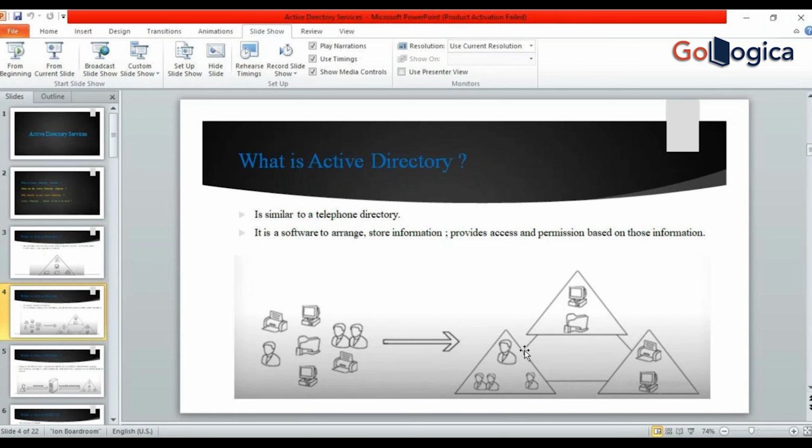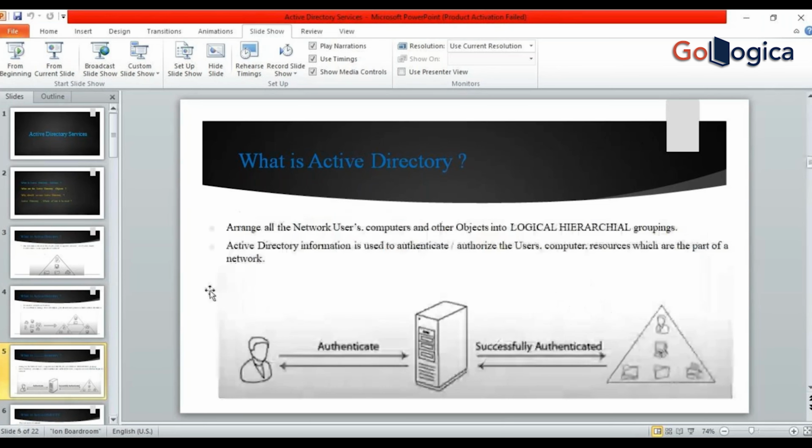So these are all interconnected with each other in the organization. Through that we can understand this, and Active Directory is supposed to interconnect all these activities. I mean to say it is quite similar to storing the information and providing access and permission to the users, so they can work with each other in a network. Okay.